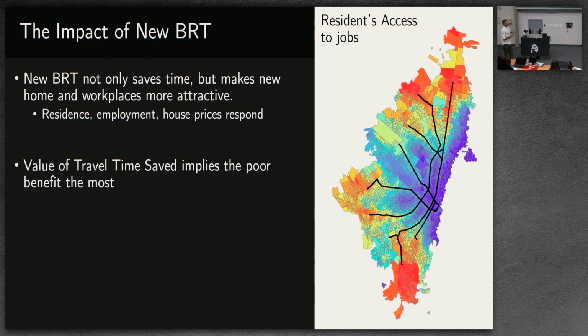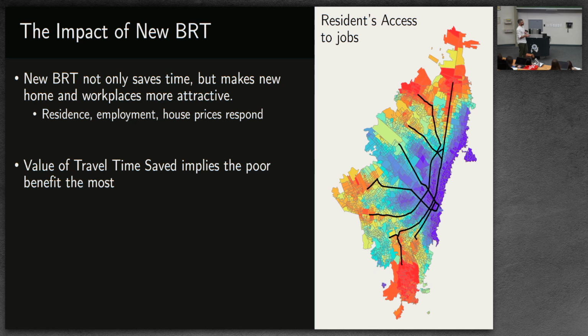Now, the value of travel time saved is an approach that's used often by practitioners to value the effects of new infrastructure. So it would say, as you were saying, people benefit from lower travel times. So if I want to think about what the benefits of new infrastructure are, I can just add up all the travel time that's saved, and I can just value that by people's value of time.